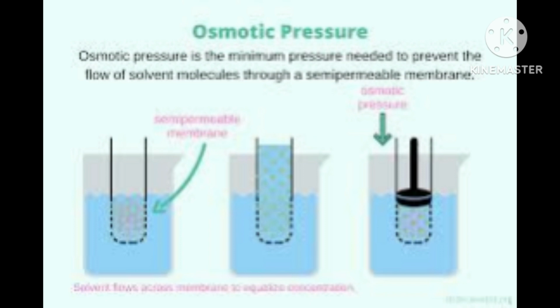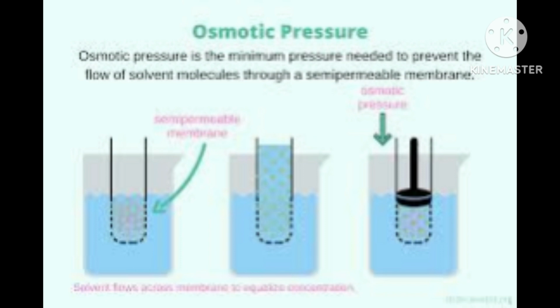Temperature is 300 Kelvin. Divided by, you put the pressure value pi. Osmotic pressure value is 2.57 into 10 to the power minus 3. Correct? And volume is 0.200 liter. Now all values are put.